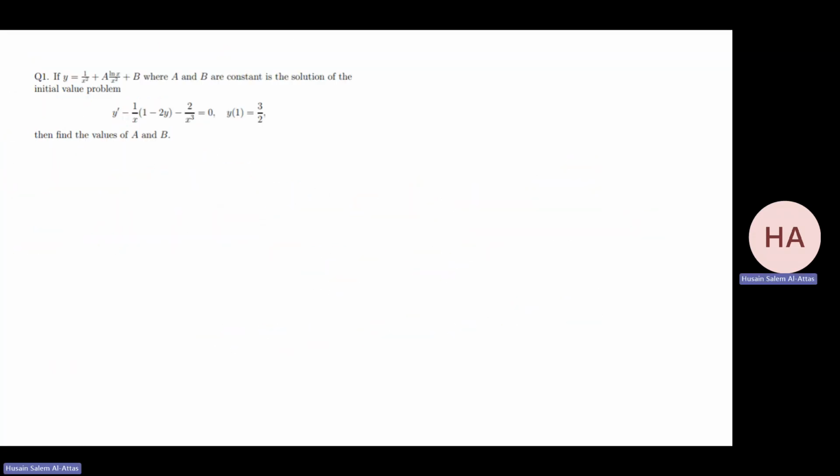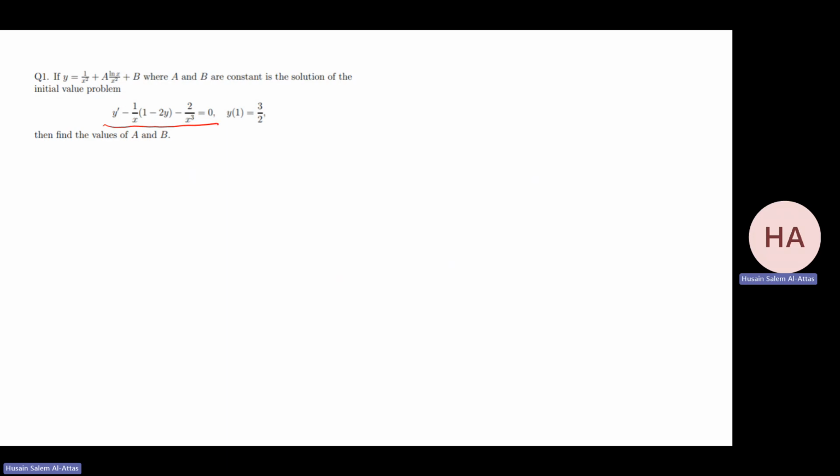Y equals this, with constants. He told you this is a solution. So I want to apply the condition to find the values of A and B. I need to do two things, since the condition will give me one constant, and the differential equation will give me the other constant.